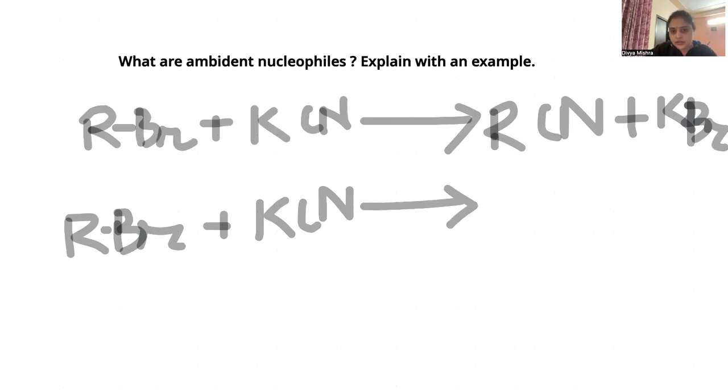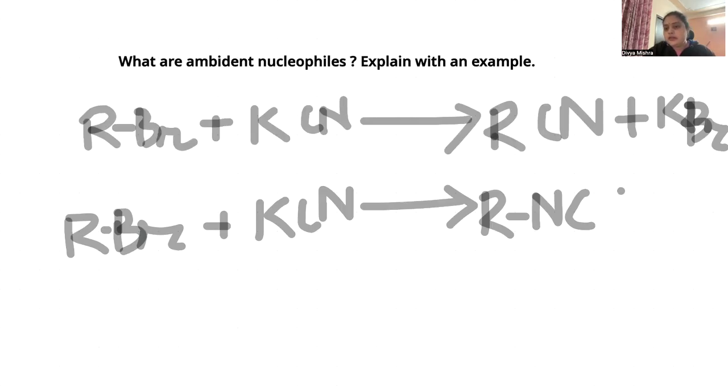It will become the nitrogen atom, so the product will be different. The product will be RNC. This is alkyl isocyanide, also called carbylamine. And the previous product was called alkyl cyanide, or it can be called a nitrile also, right?